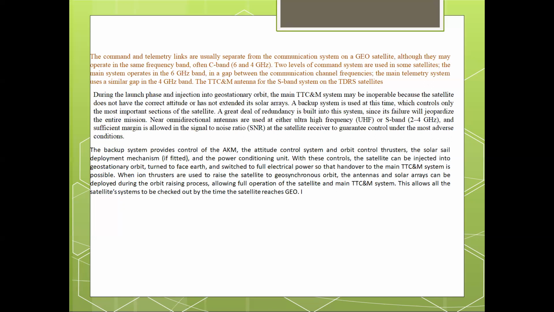Therefore the telemetry, tracking, control and monitoring system is able to respond to the 6 gigahertz to 4 gigahertz bands. Automatically the information is bypassed through the 6 gigahertz and 4 gigahertz, and values are obtained between the predefined link. Similarly, this command system is used to maintain the TTCM subsystem. Therefore, sometimes a backup system is also required to maintain the command system.